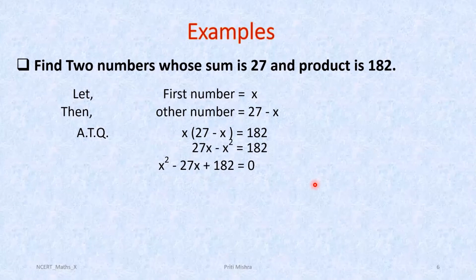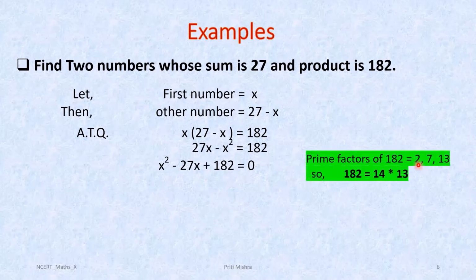Now, in order to find the value of x, we are going to factorize this using the method of splitting the middle term. For that, we need to find factors of 182. The factors of 182 are 2, 7 and 13. All these are prime factors of 182.